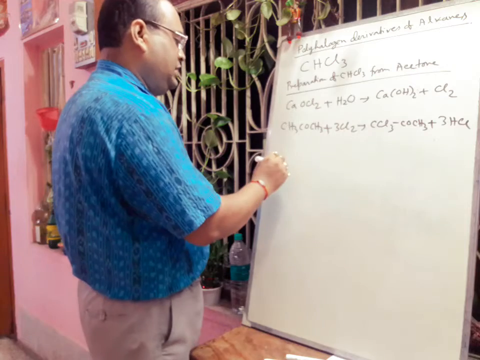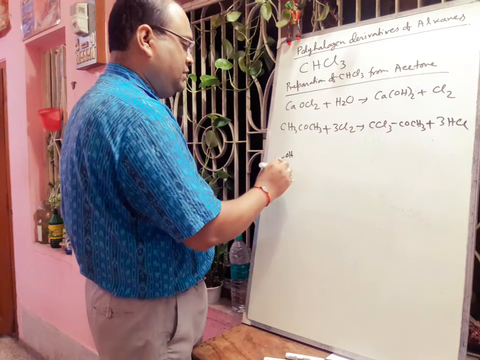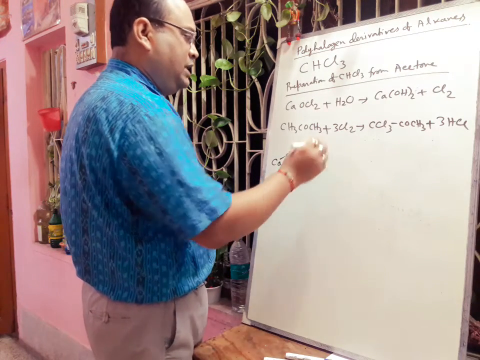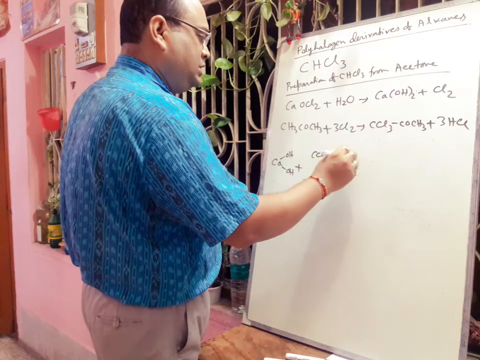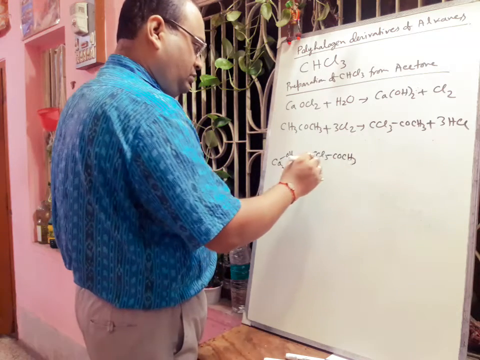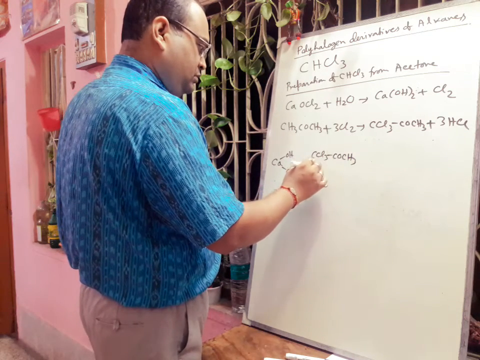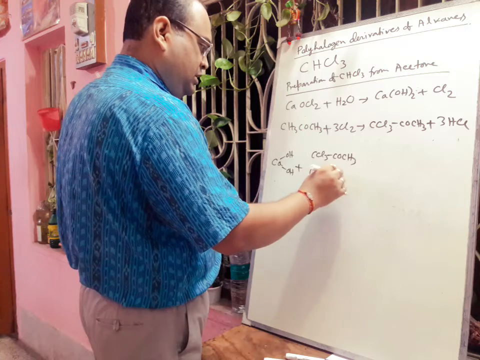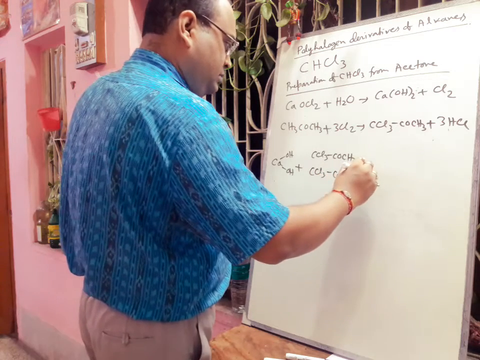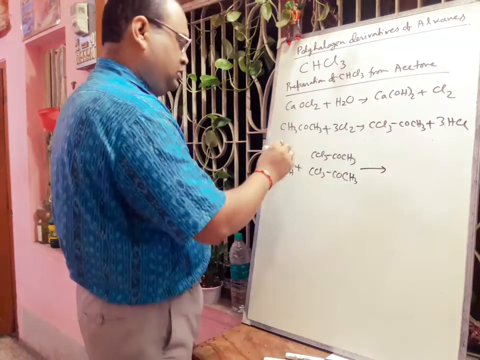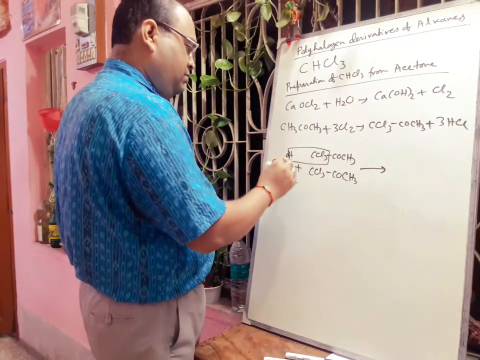So next is Ca(OH)2, calcium hydroxide, that will react with CCl3COCH3, so from here we will get chloroform.